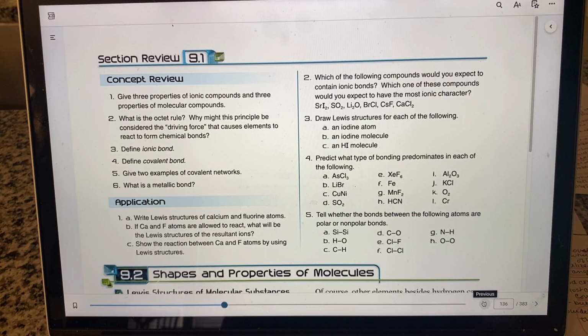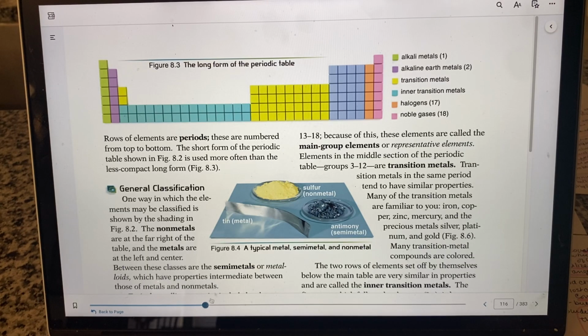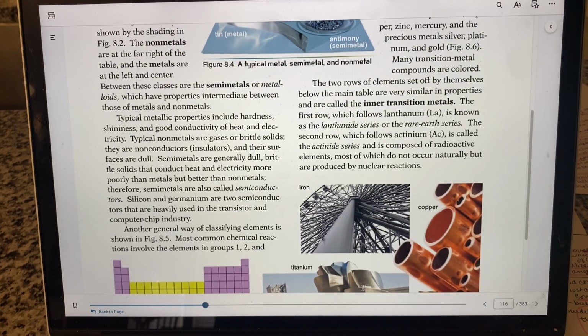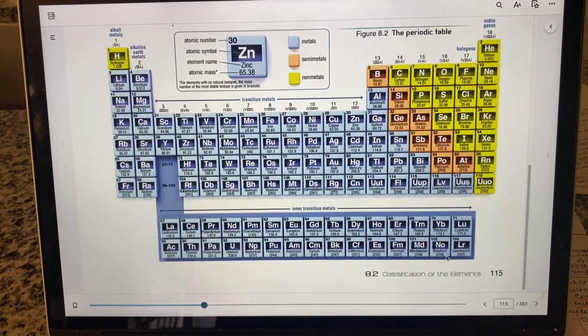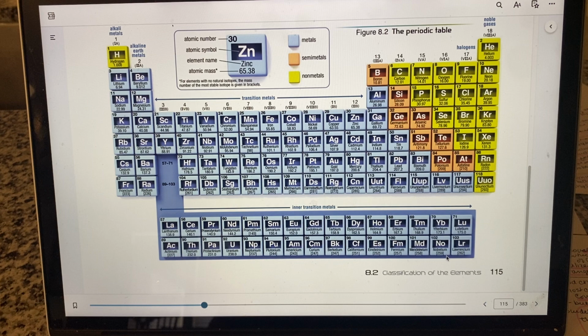So let's go back to that table. Always go back to your periodic table, because you're going to need that all the time. Here's the periodic table again. So to do this, the first one was arsenic and chlorine, AsCl3.